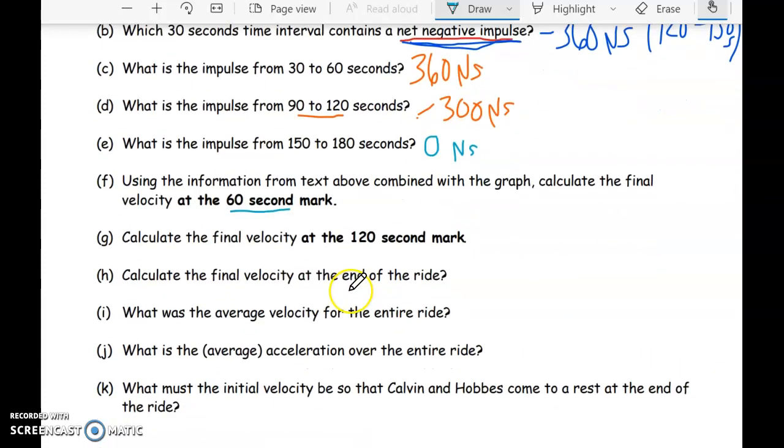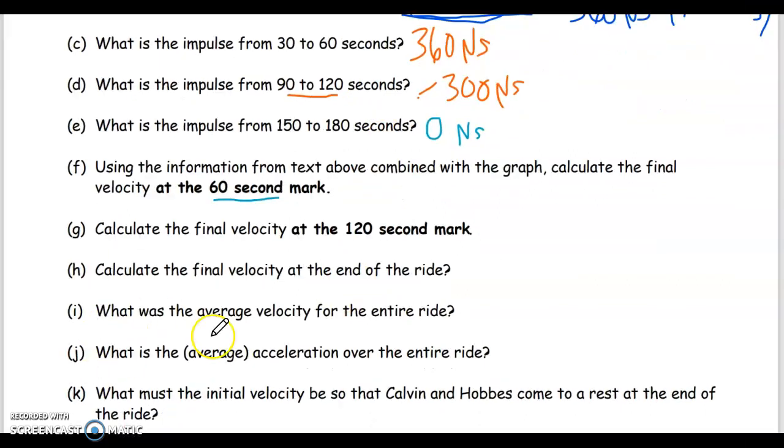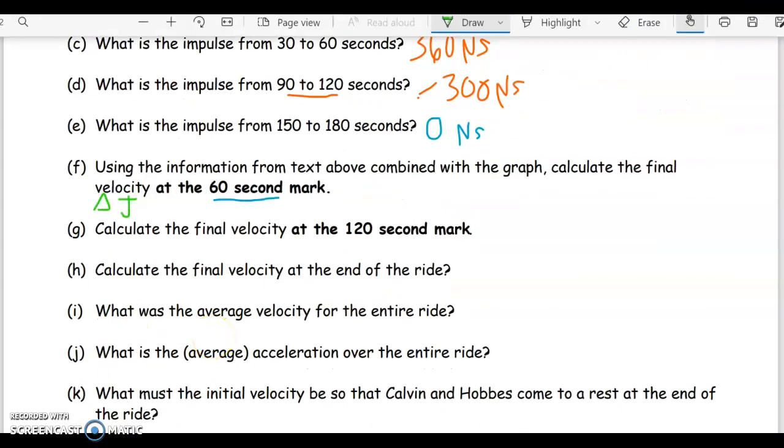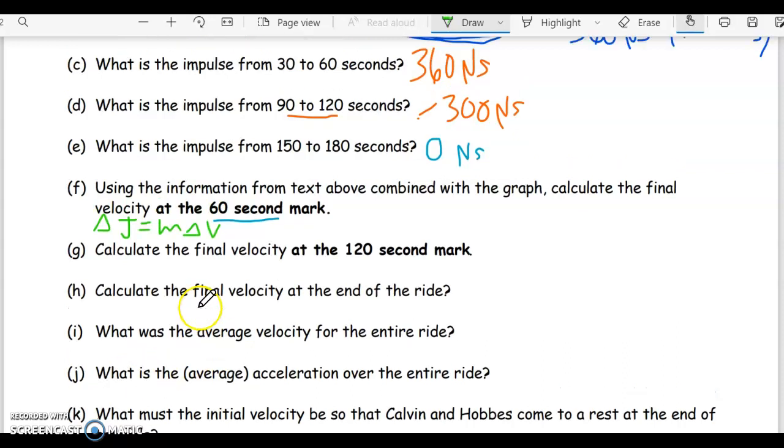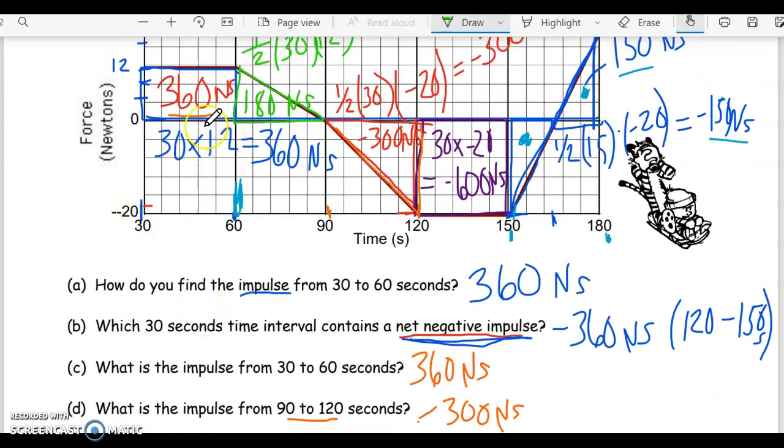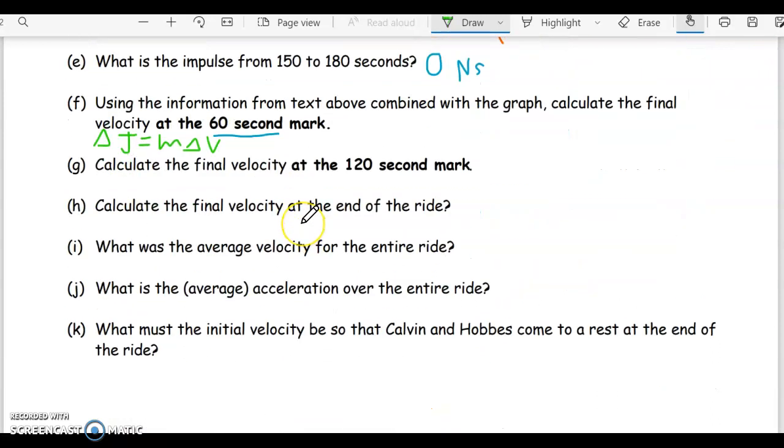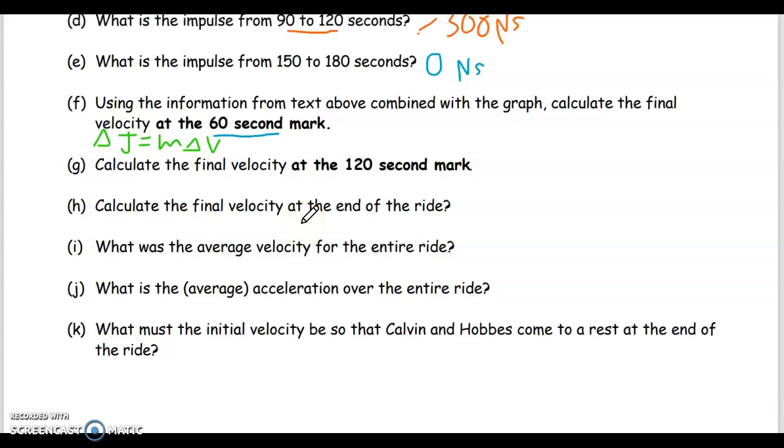So to find this one, we know our equation for impulse is that the change in impulse is equal to mass times our change in velocity. So our impulse at the 60 mark, so from 30 to 60 seconds, our impulse was 360. So we can plug in and we find that 360 newtons times seconds is equal to our mass, and our mass was 45 kilograms, times our change in velocity.